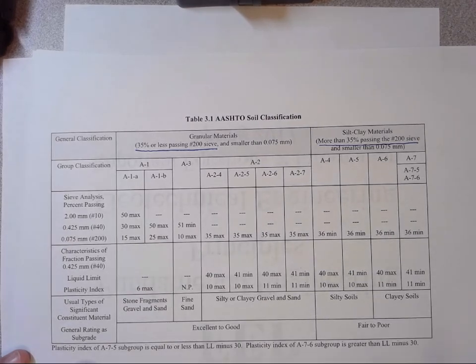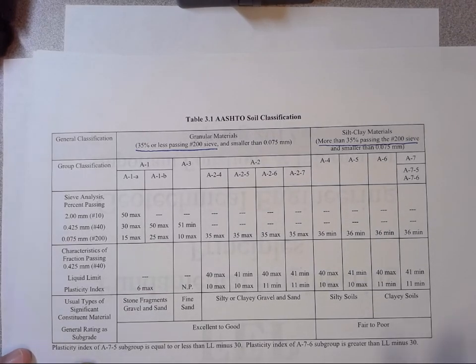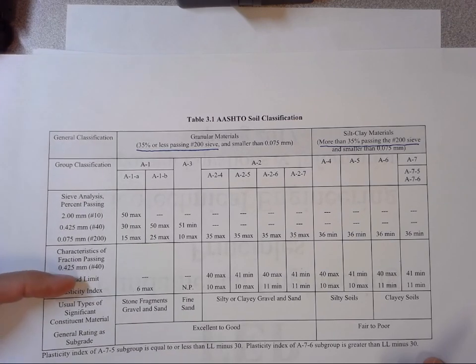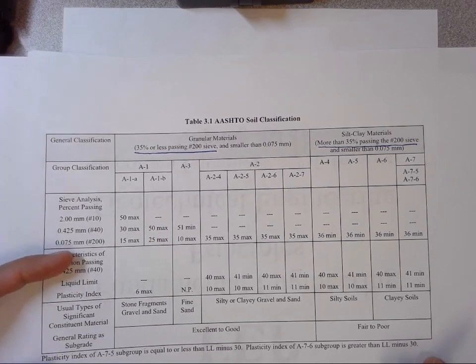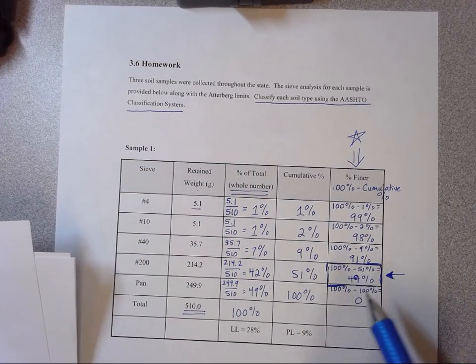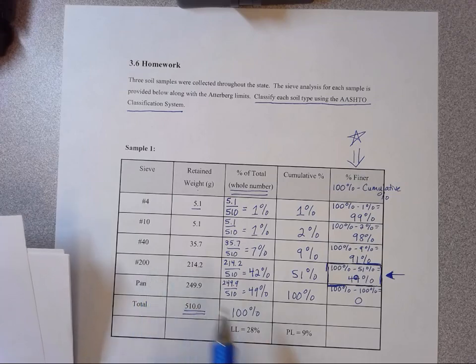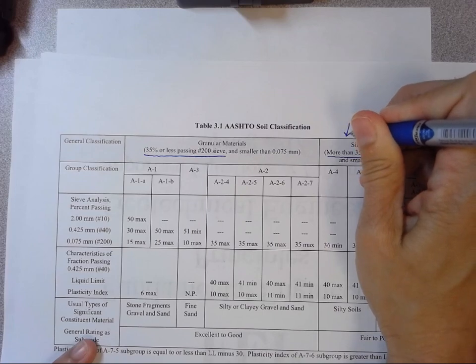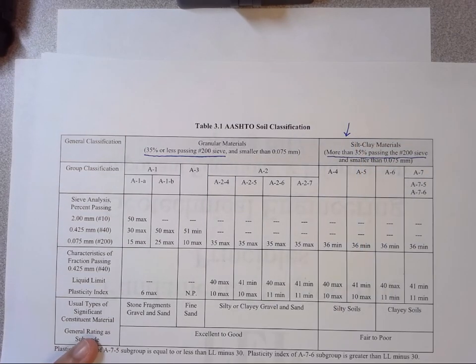So before I even start going through my classification, I can look at that number 200 sieve and see what the percent passing through that is, which is also known as the percent finer than that. So in this case, I have 49% that's passing that number 200 sieve. So I know that I have to be on this side of the table for this problem.